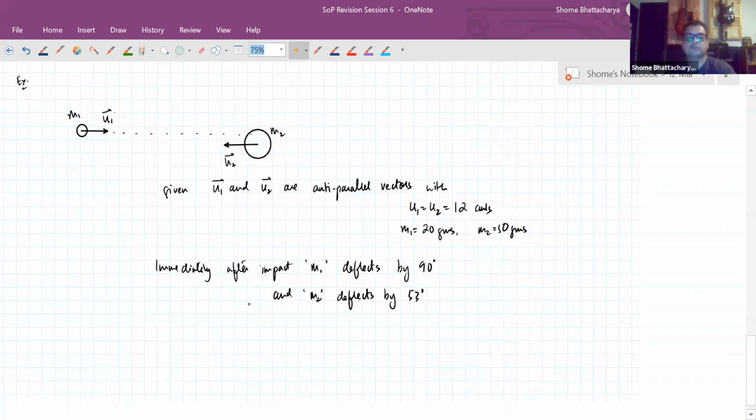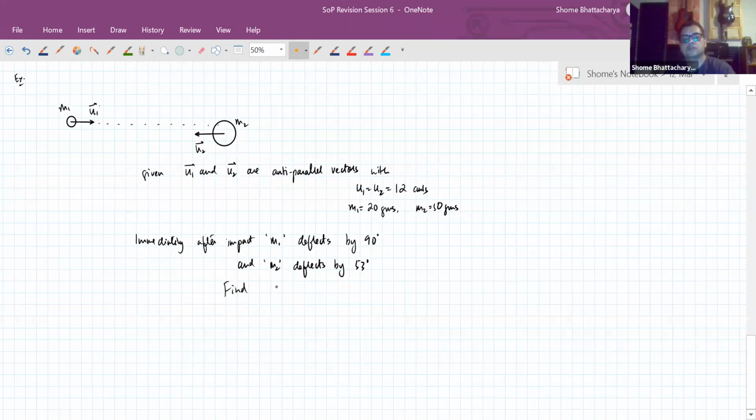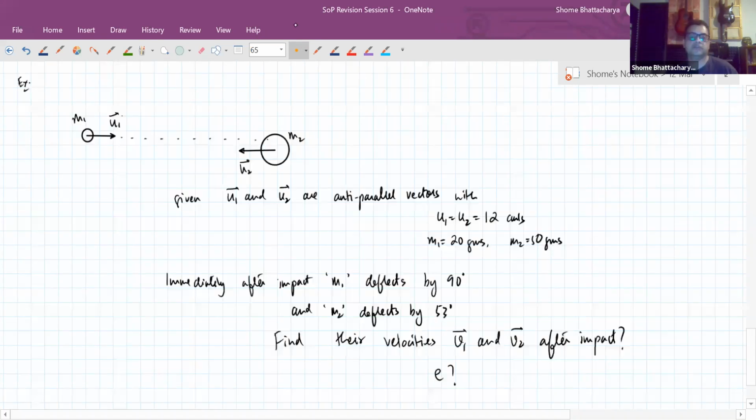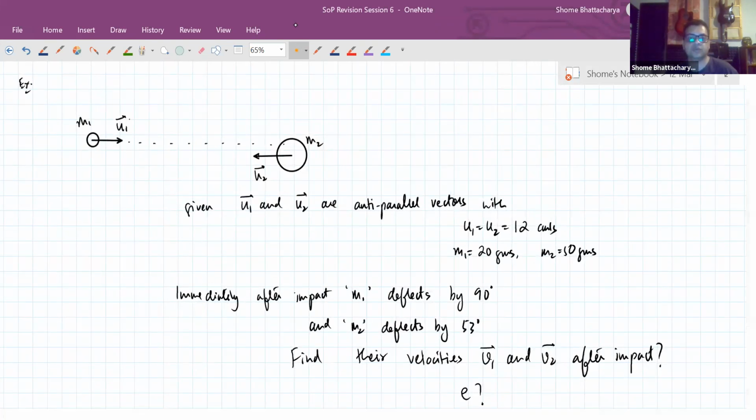So from this information we have to find their velocities v1 and v2 after impact, and we have to find the coefficient of restitution. Okay, so let's understand this question. Just give you a minute to go through it, and then we'll discuss how we'll apply the conservation of momentum in two dimensions, and along with that the concept of coefficient of restitution as the ratio of separation velocity to approach velocity. So these are the two things we'll use to solve this question.